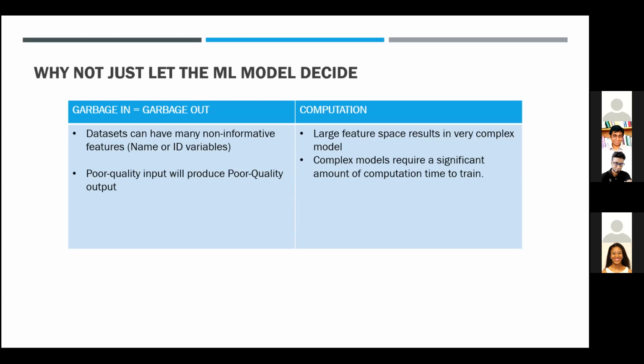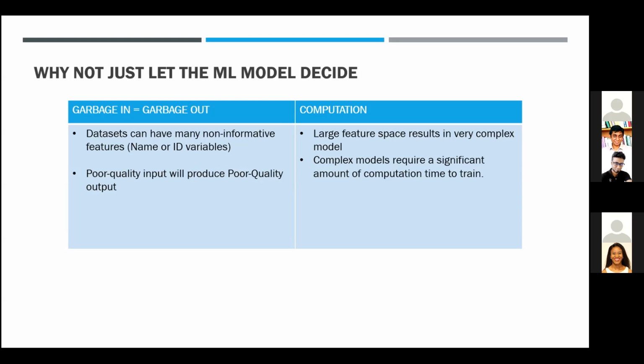But in the prediction process, they can influence how your model predicts, and in most instances, it reduces the prediction accuracy. So having these redundant features drops the quality of your data set, and if you have a poor quality data set, then your output will also be of poor quality.